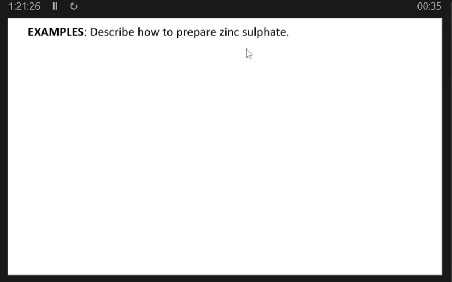You must know that for the sulfates, only the BaLeCa are insoluble. So the BaLeCa are calcium sulfate, barium sulfate, and lead sulfate. These are the ones that are insoluble for the sulfate. The rest are soluble.